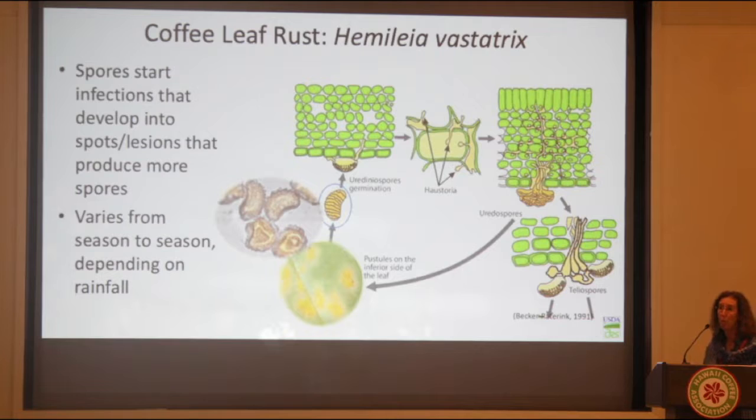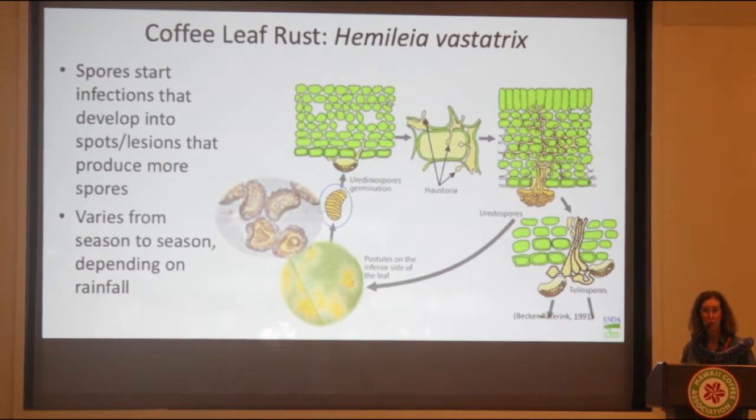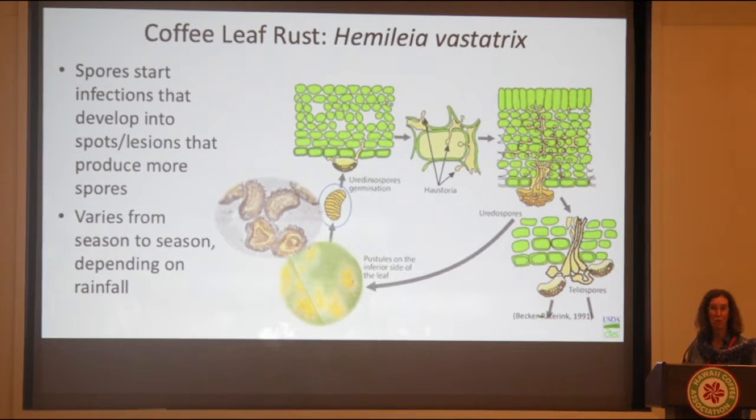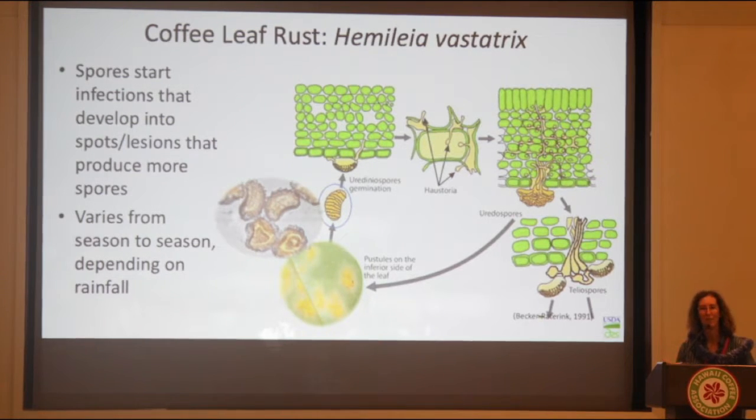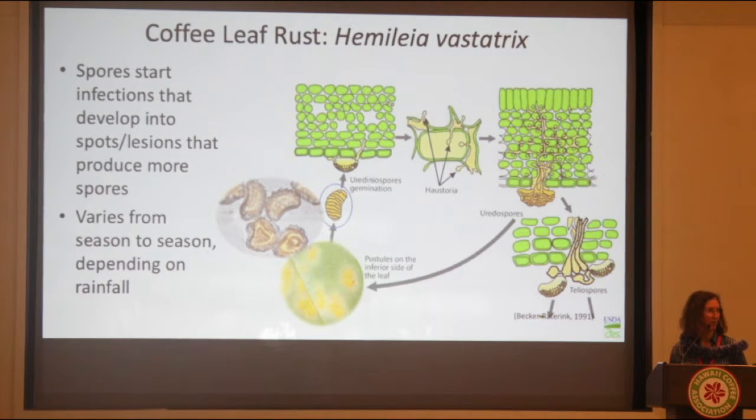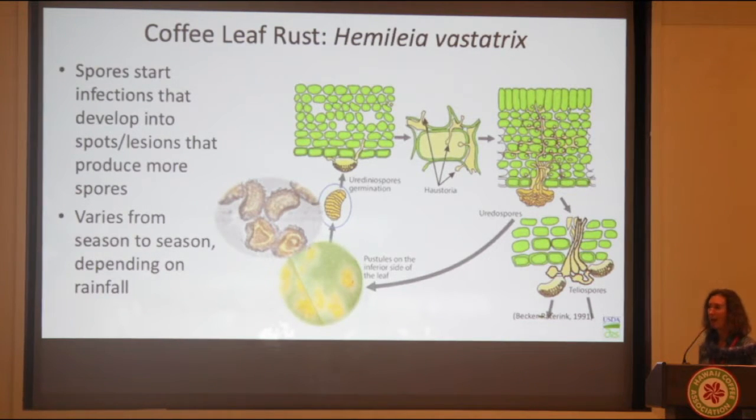Essentially, a spore starts the infection, which leads to the production of more spores and more infections, and that process continues quite a number of times in the same cycle. So it's important to know as much as you can about the fungus that you're trying to control, and this will be more evident as I show some of the control measures further in the talk.